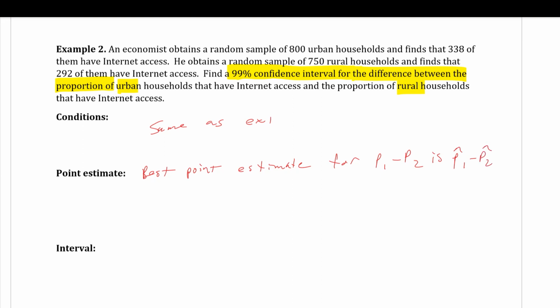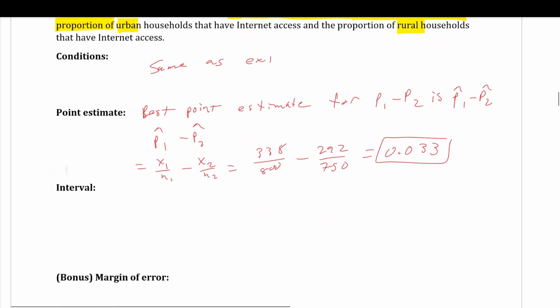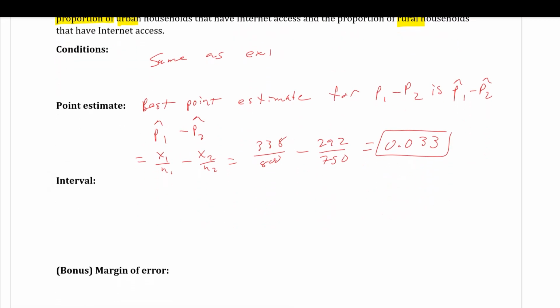And how's that calculated? Well, P1 hat minus P2 hat, again, is those two fractions, and you get 0.033 if you're rounding.